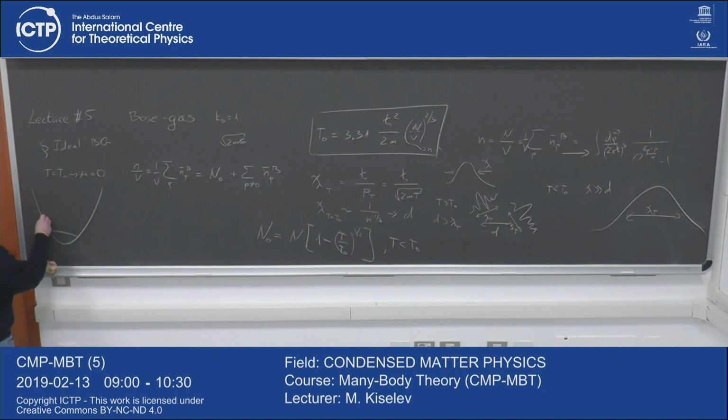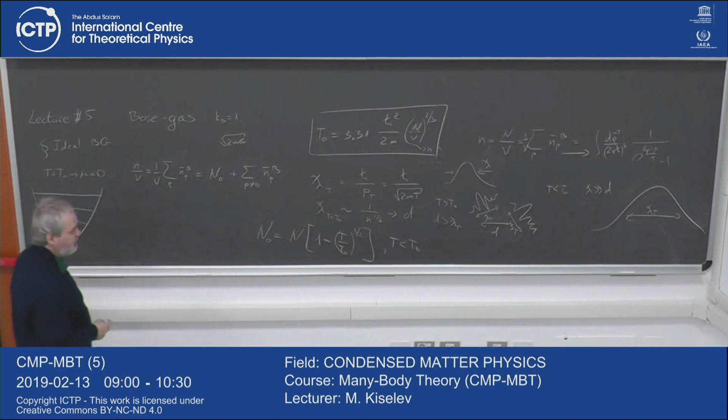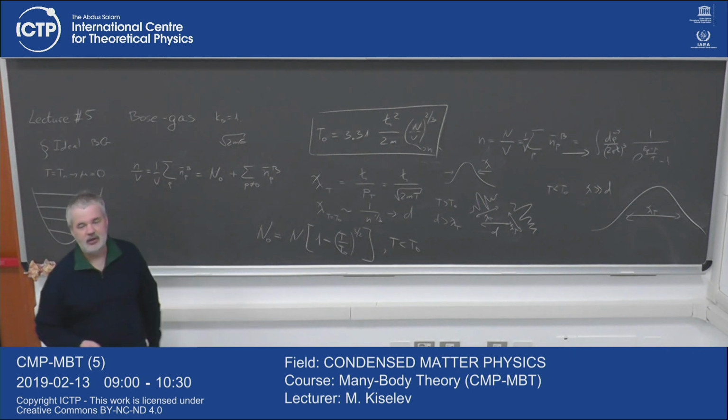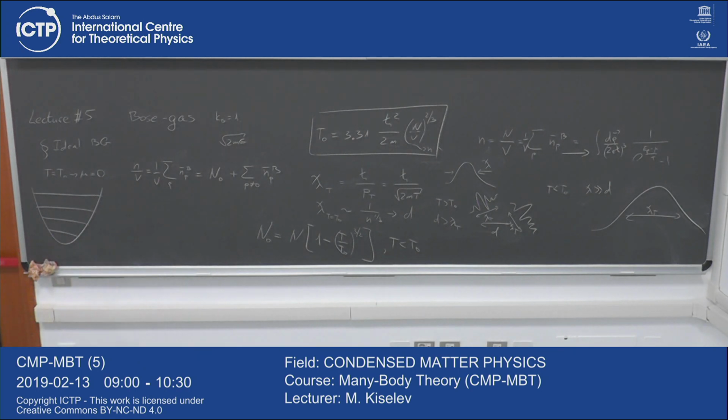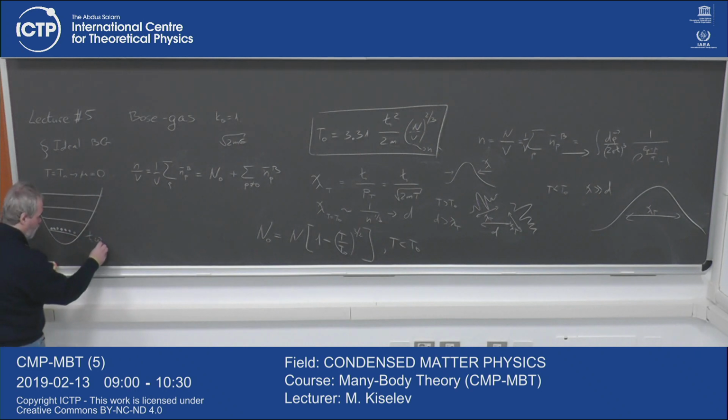For example, this is a harmonic trap. And we have a quantization of levels. As you know, for a harmonic potential, the levels are equidistant. When we discuss the Bose-Einstein condensation phenomenon in a confining potential, almost everything I said before is correct, except that the particles will condense on the lowest energy state, which is now h bar omega trap times 1/2.